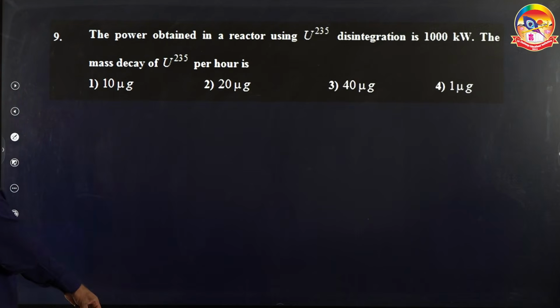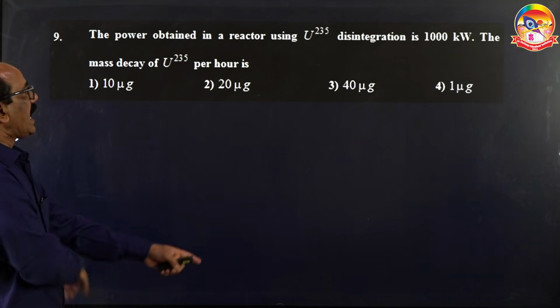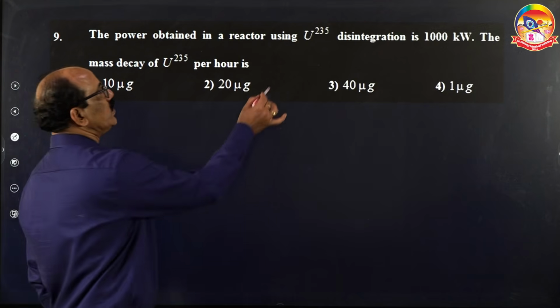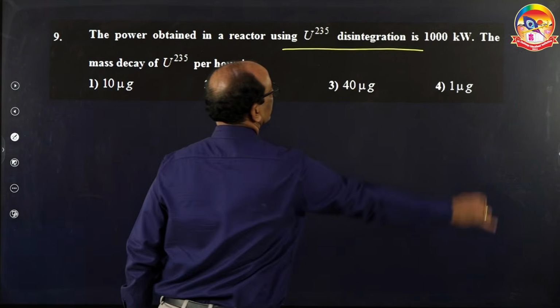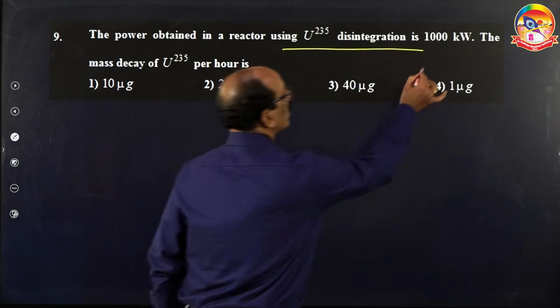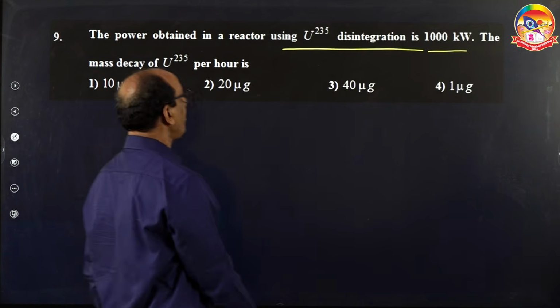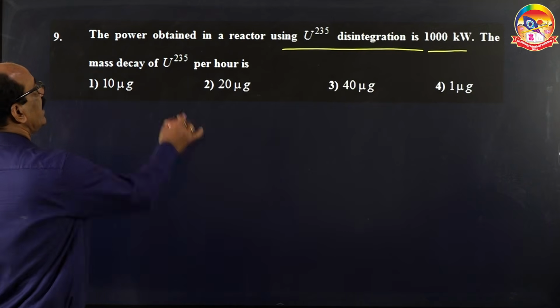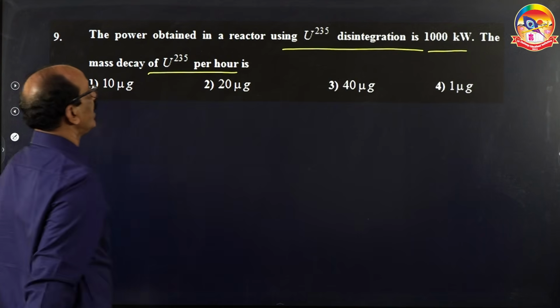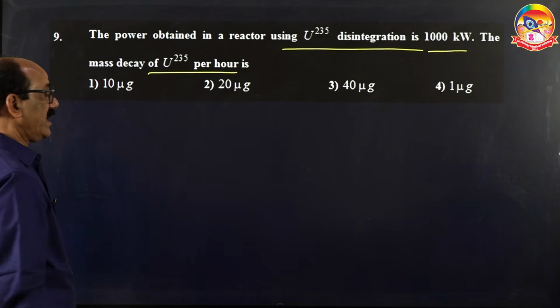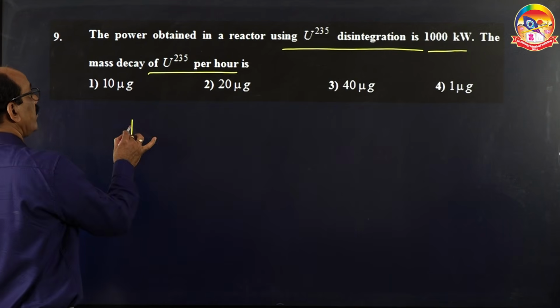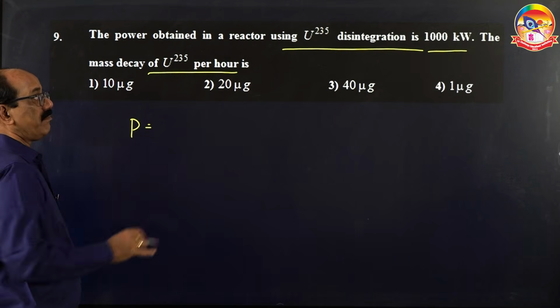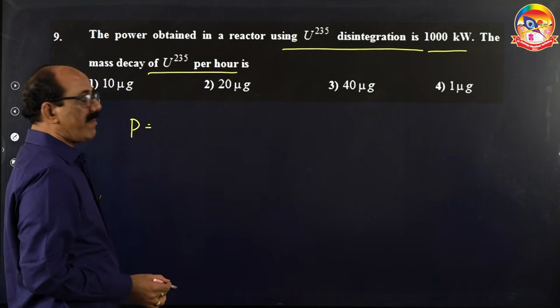Then let us see the next problem. The power obtained in a reactor using U-92-235 disintegration is 1000 kilowatt, that is 1 megawatt. The mass decay of uranium-92-235 per hour is? So here we are talking about the power of the reactor, but mass decay.